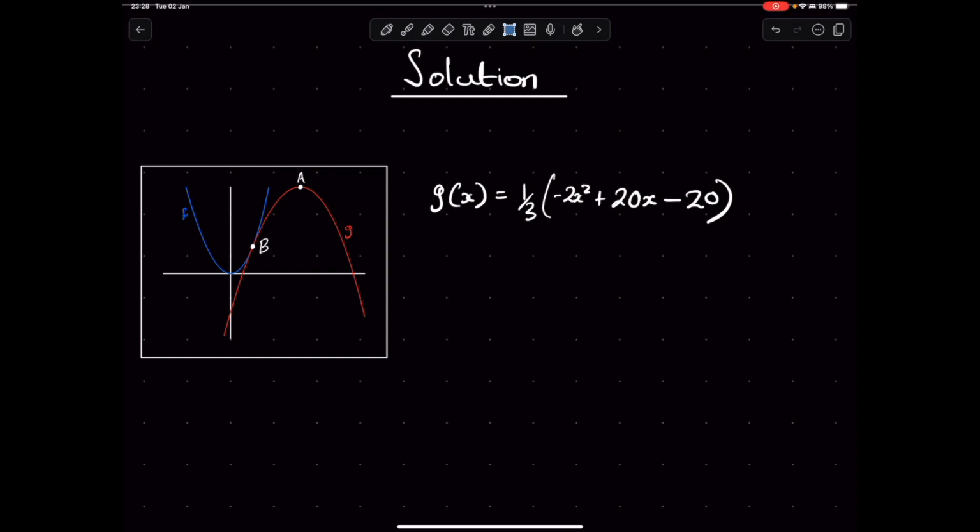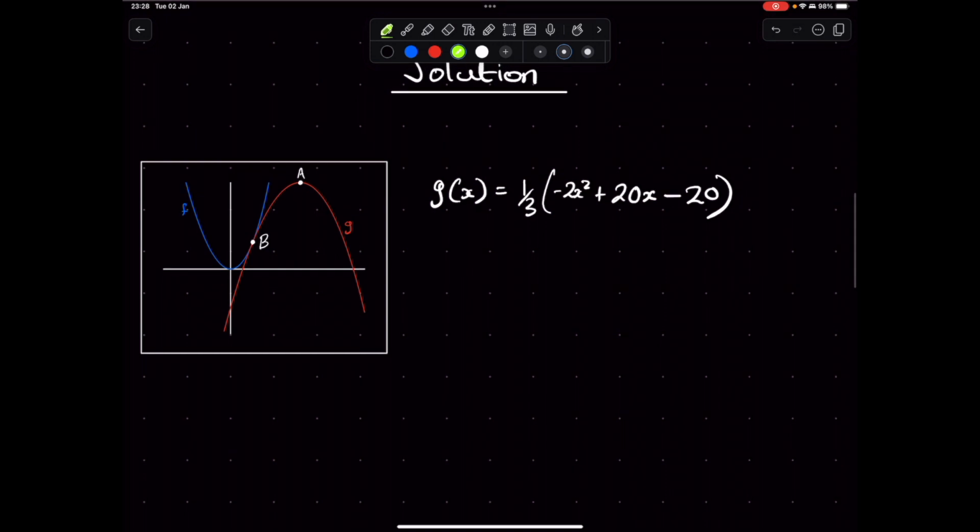Now, to find the coordinate of the turning point, how I normally approach things is I go for the x value of the coordinate, then solve for the y. I'll write the answer in green. The x coordinate of the turning point is given as x is equal to minus b over 2a.